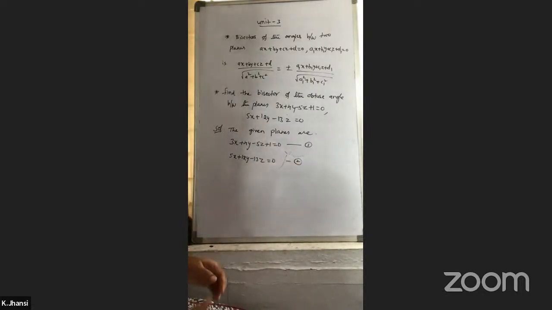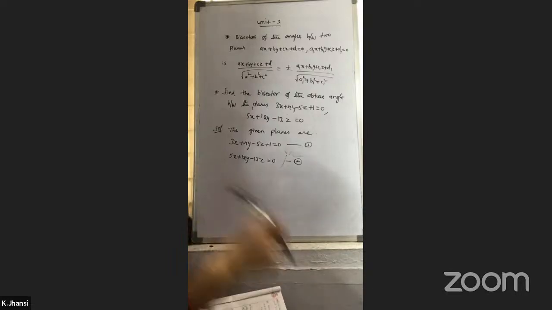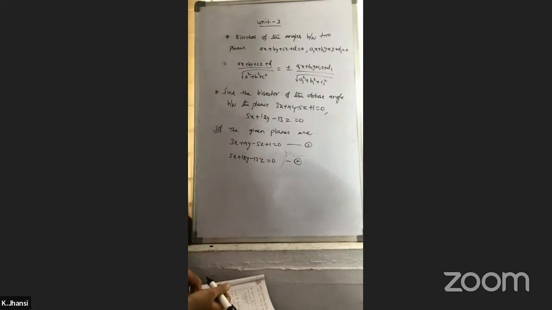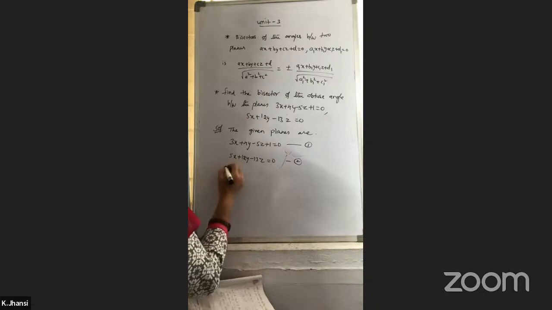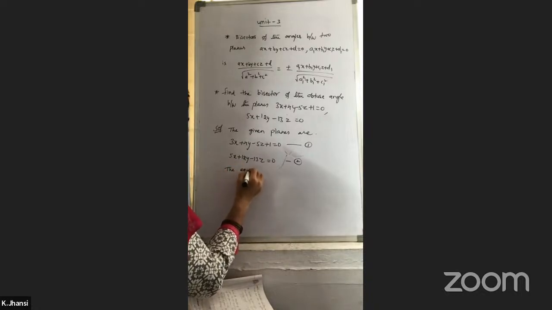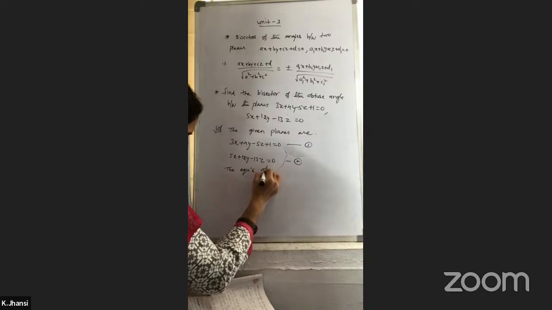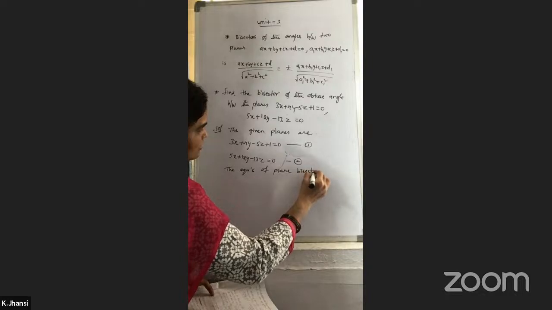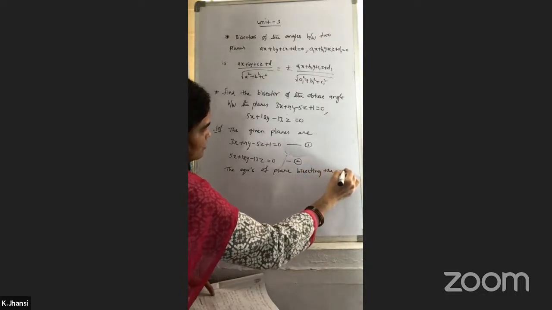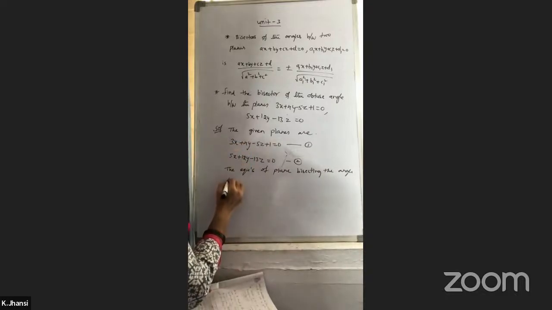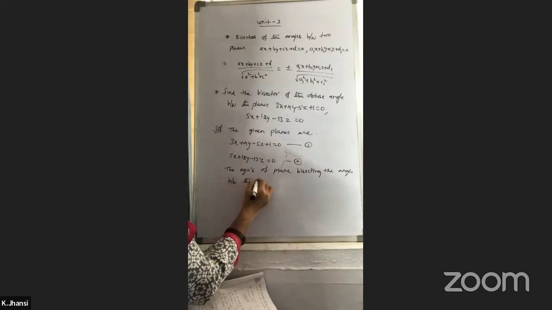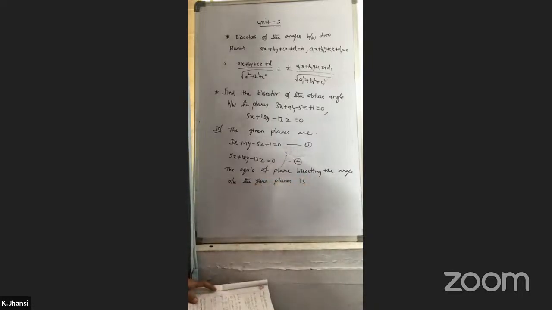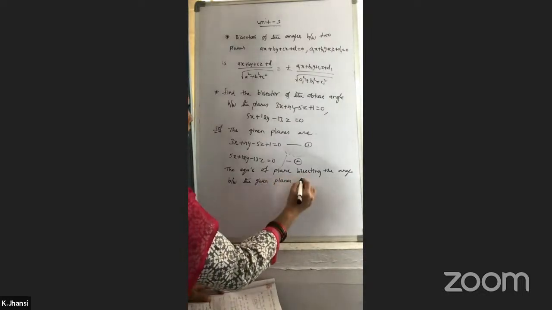Now substitute these two in this formula, and you will get two more equations: the equations of the planes bisecting the angle between the given planes 1 and 2.